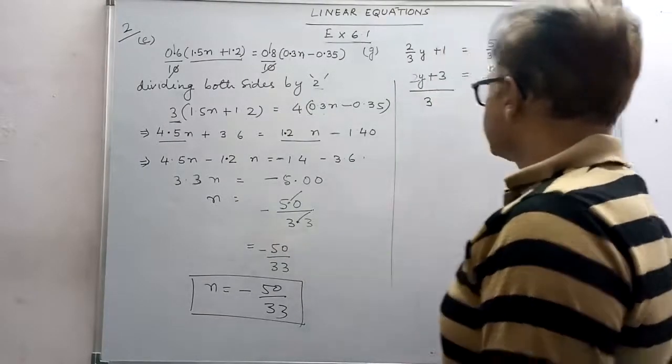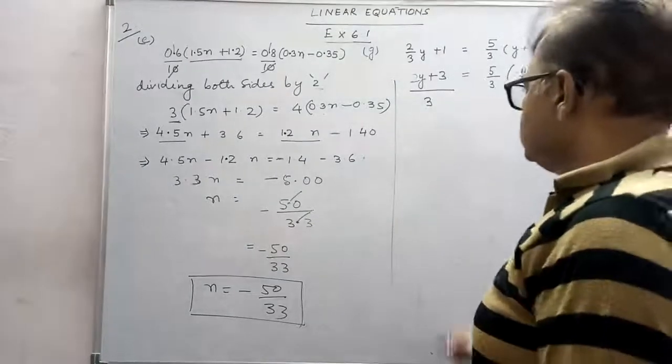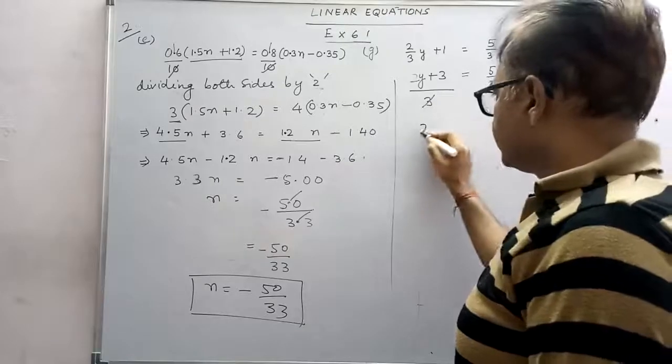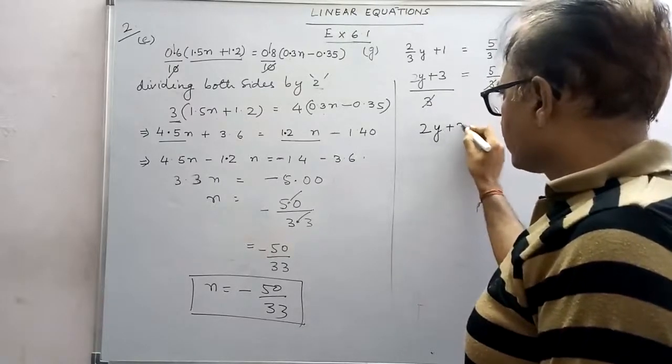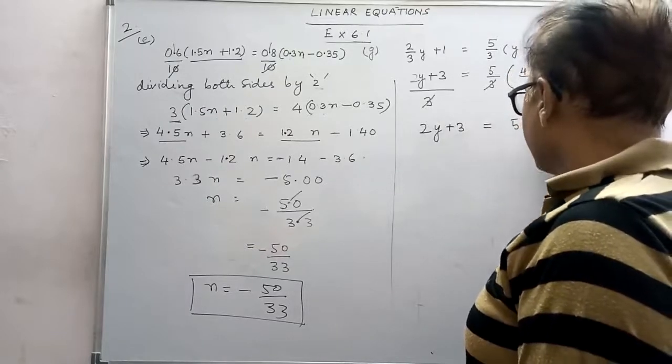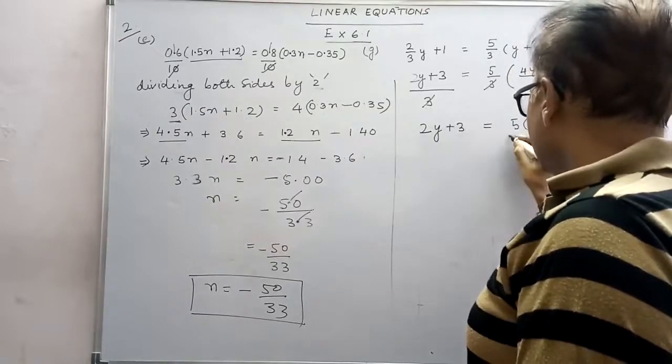Take 3 as the LCM. Now you see 3 and 3 will be cancelled here. So as a result you get 2y plus 3 is equal to 5 bracket 4y plus 1 upon 4.